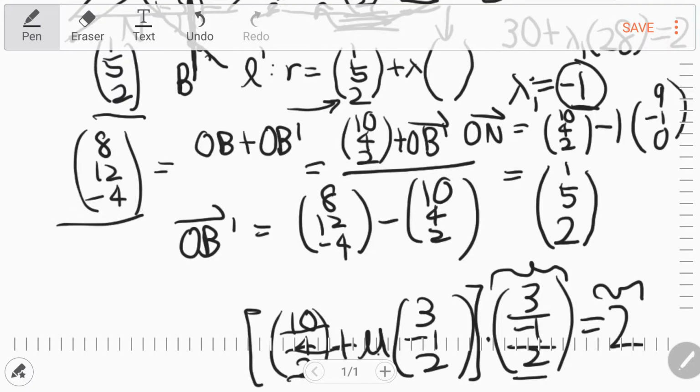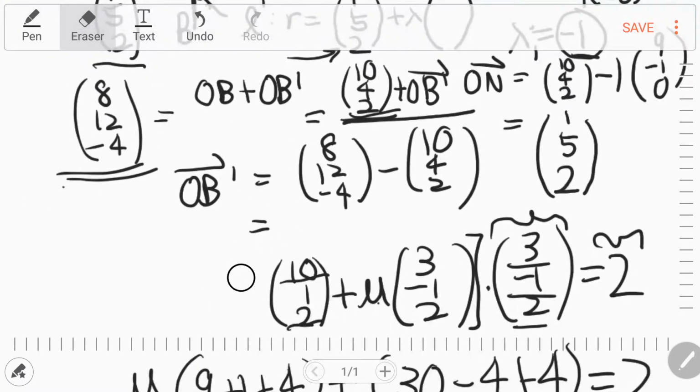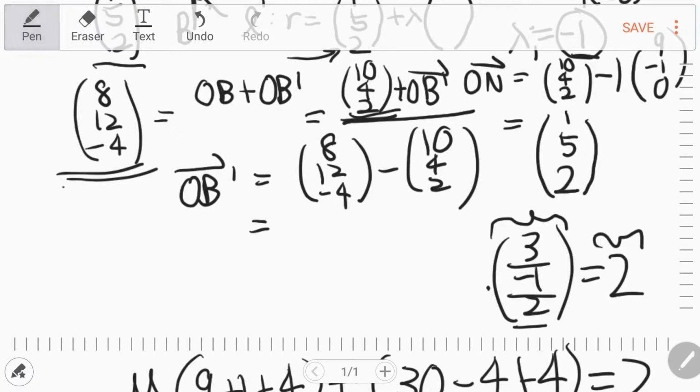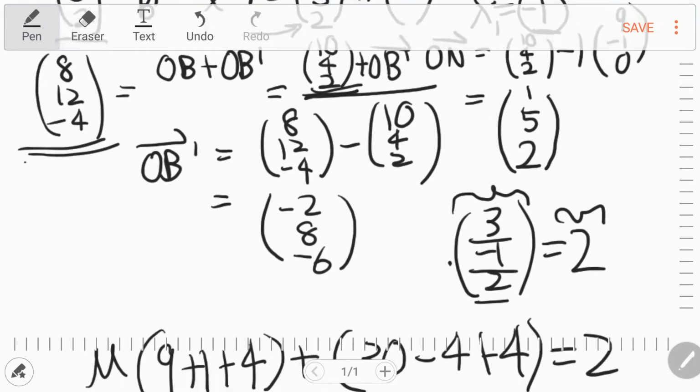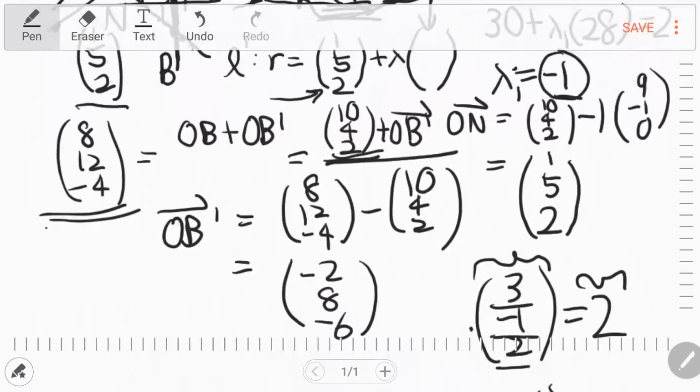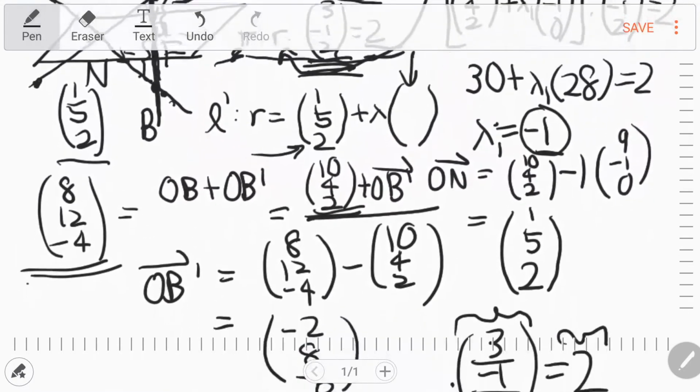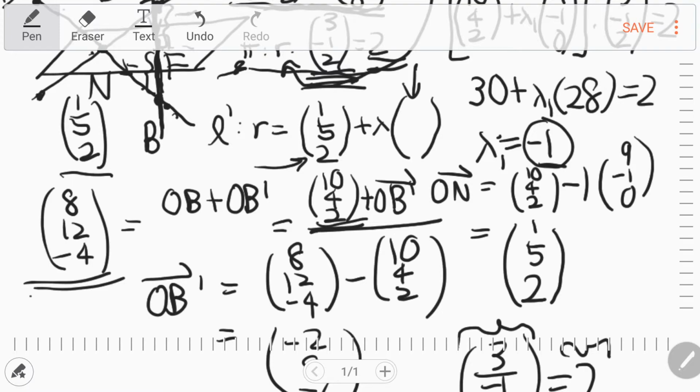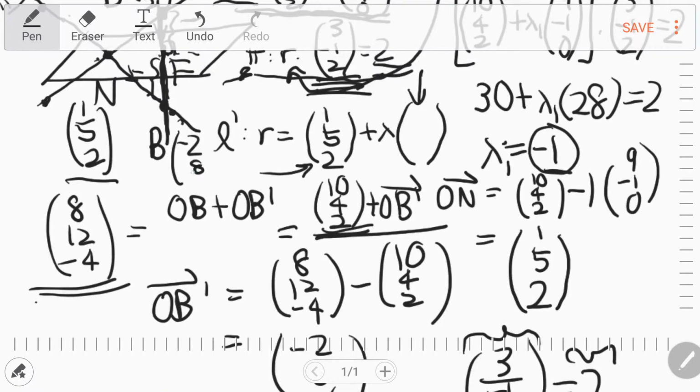I'm taking the 10, 4, 2 over to this side and subtracting 10, 4, 2 on both sides of the equation to get my OB prime: minus 2, 8, minus 6. So knowing that my OB prime is minus 2, 8, minus 6, I put minus 2, 8, minus 6.